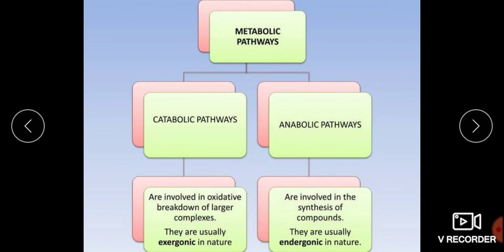To couple exergonic and endergonic reactions there is an important role of high energy compounds, for example ATP. Overall, catabolism is an energy generating pathway, whereas anabolism is an energy requiring pathway of metabolism.